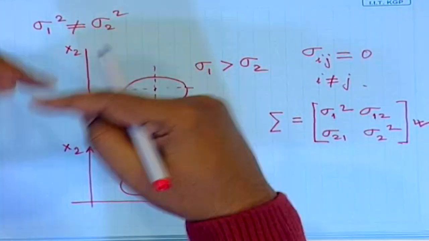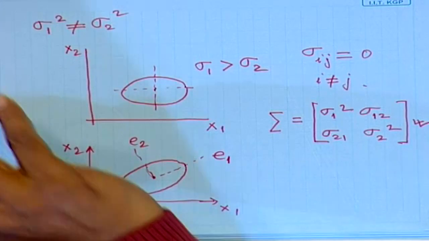In 3-dimensional space, if I simply rotate this ellipse around a particular axis, I will have a volume. So the points will be clustered in that volume. At the center of that ellipsoidal volume, the density of the points will be maximum. As I move away from it, the density will go on reducing, again following that normal or Gaussian density function.